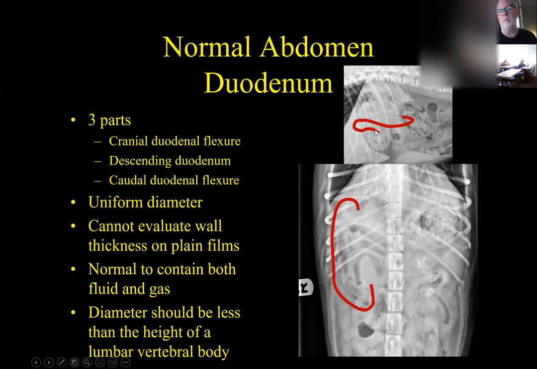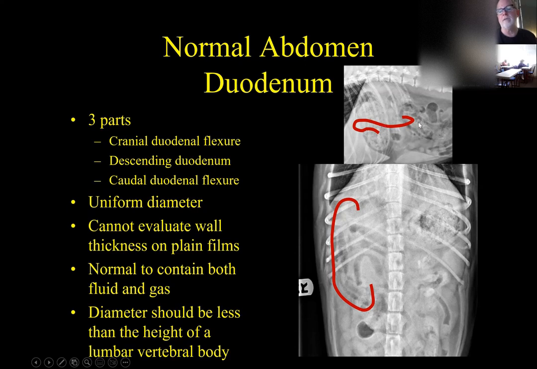The duodenum comes up in here, which is the cranial duodenal flexure. That corresponds to this part of it on the VD view. Then the descending duodenum comes down, giving rise to the caudal duodenal flexure, and then the remainder of the small bowel. That's where they would live in a dog on the lateral and VD views.